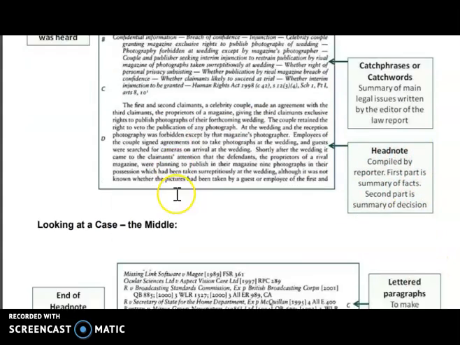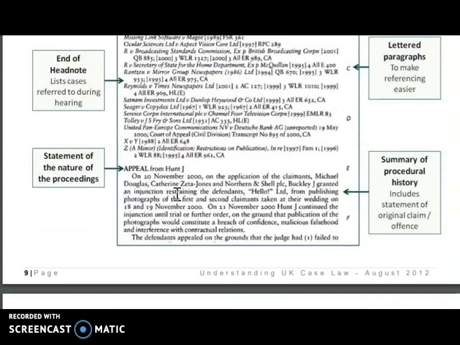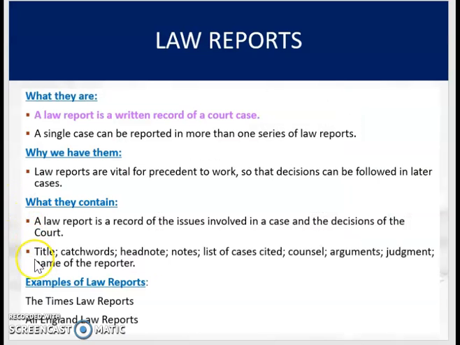We've got a head note. And if we were to scroll down through the case, you would see other cases that the judge has referred to, and any cases that have happened before, so if it's on appeal, where it's been before. So what I was showing you there is what the law reports contain, all those different things.